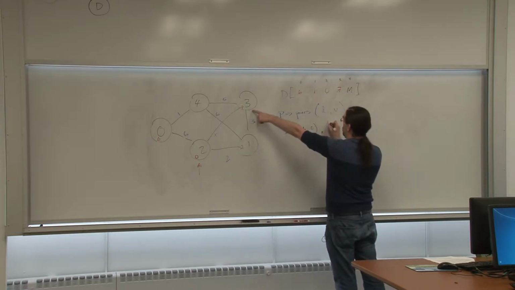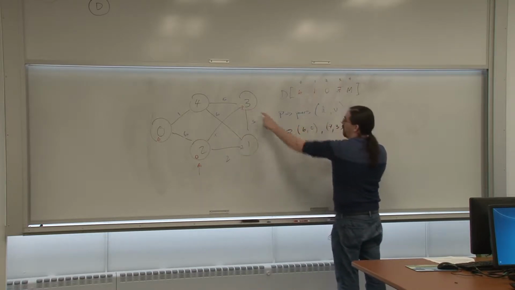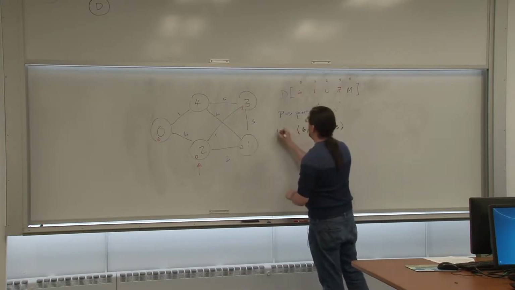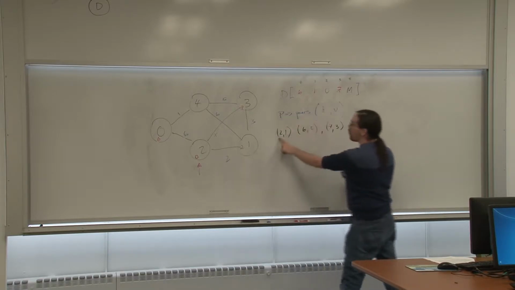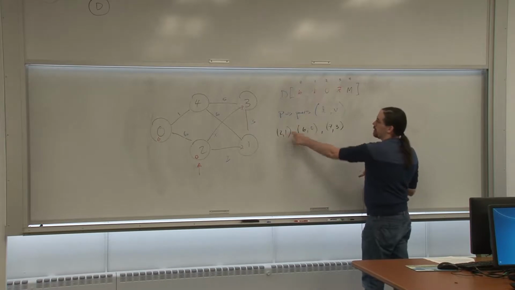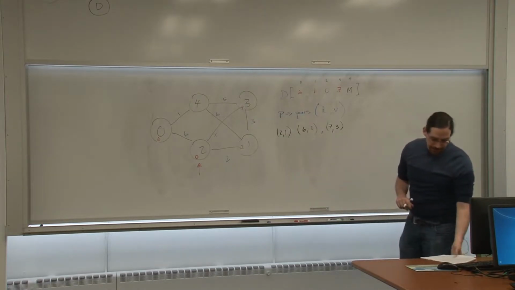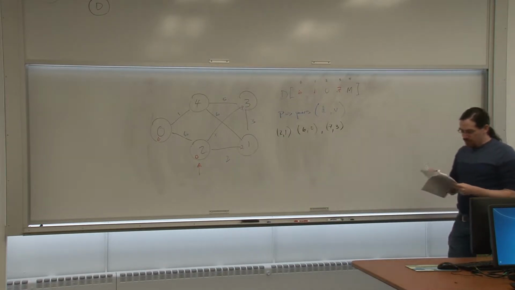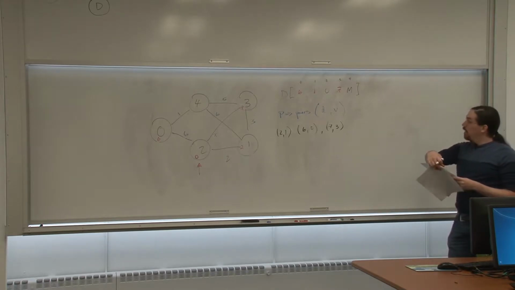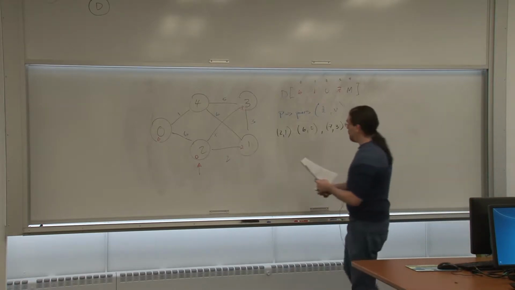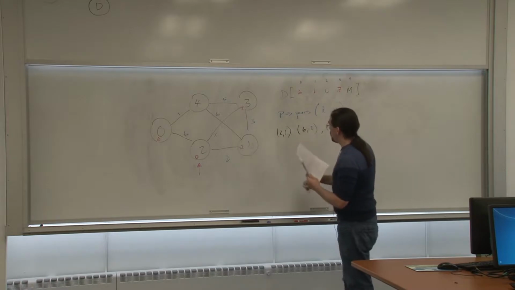We pushed on 7, 3. And then we pushed on 2, 1. And these are ordered by distance from the start vertex. OK, so then we remove this new first element.